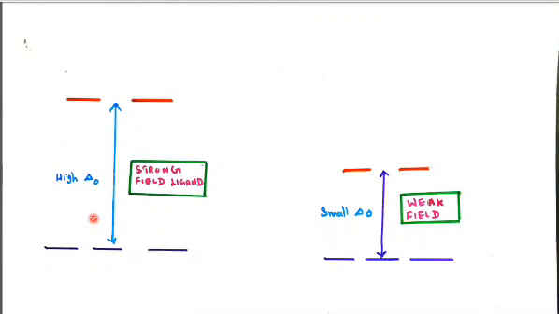So let us see. If strong field ligands are present, meaning the complex contains strong field ligands, the energy difference between eg and t2g is very large.